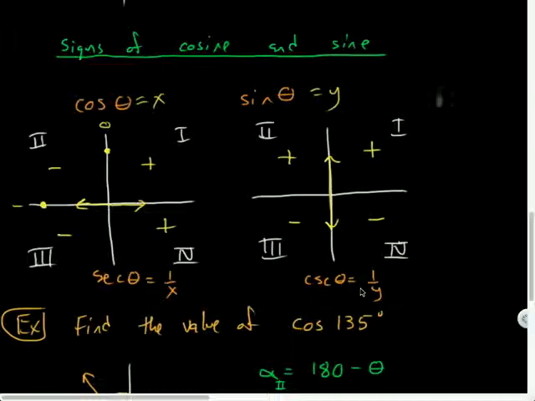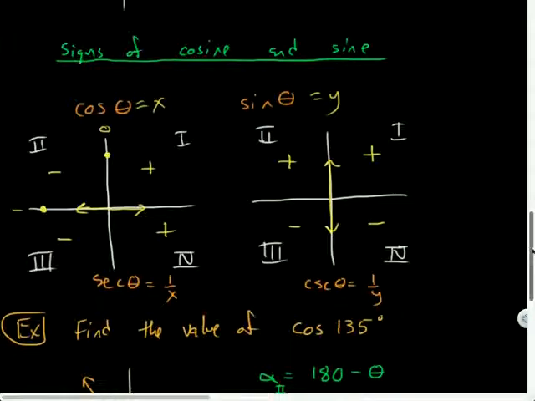And maybe it's worth asking about tangent. Actually, we might be able to build one connection here. Let's talk about tangent for a second. We said a moment ago that tan theta is equal to y over x, right?